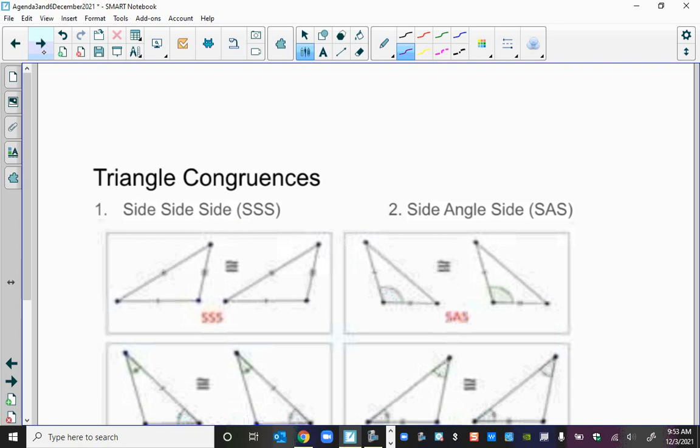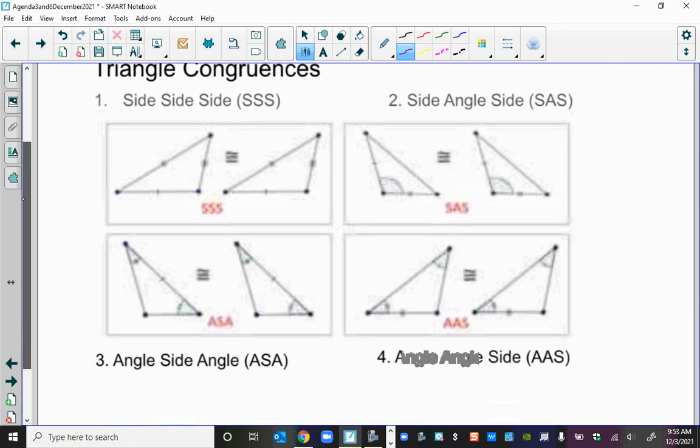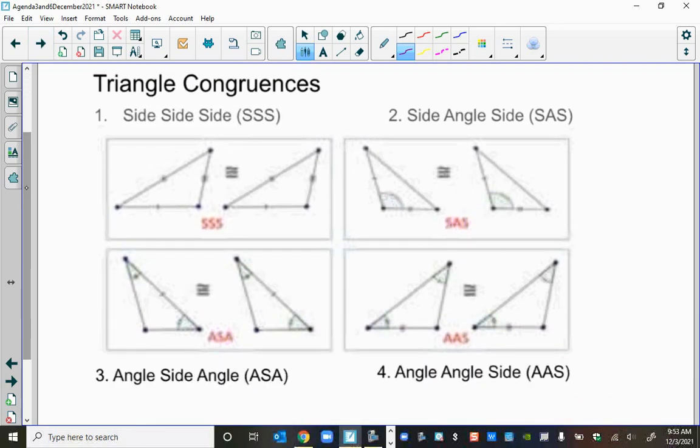So now, on the next page, this is going to be the top of the next page. These are the four big ones. Side, side, side: all three sides are going to pair up. Side, angle, side: two sides are going to pair up with an angle in between.